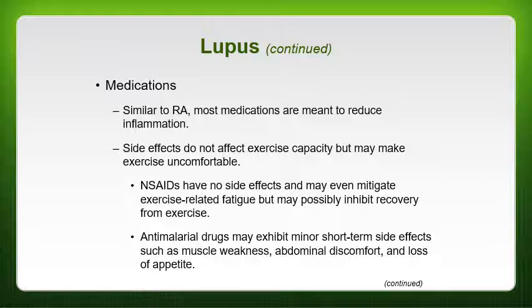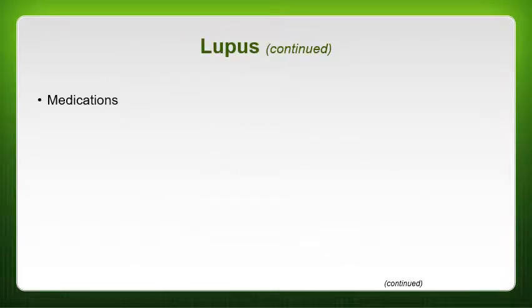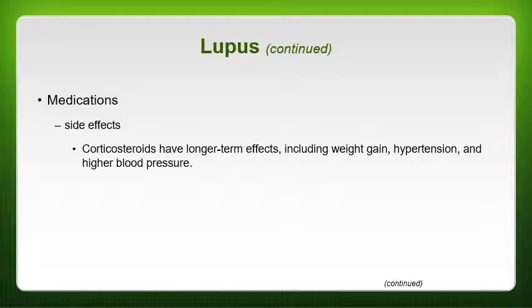Anti-malarial drugs, or basically drugs used to treat malaria, are sometimes used to treat lupus as well. Some of the short-term side effects are muscle weakness, abdominal discomfort, and loss of appetite. Some other common drugs, corticosteroids, could have longer-term side effects.